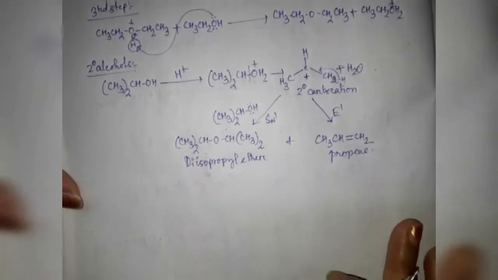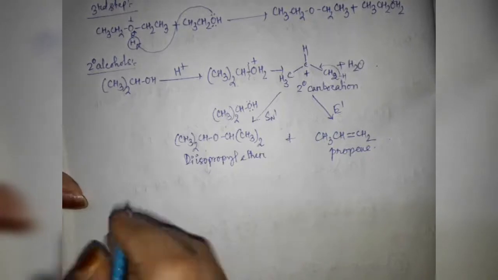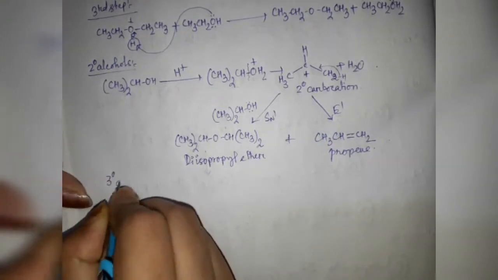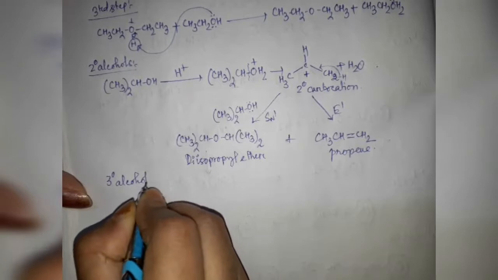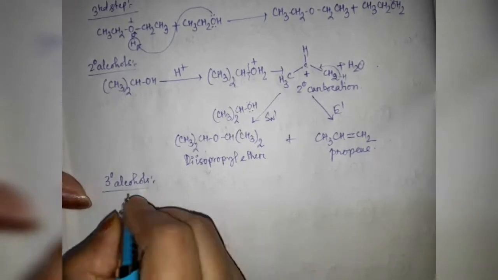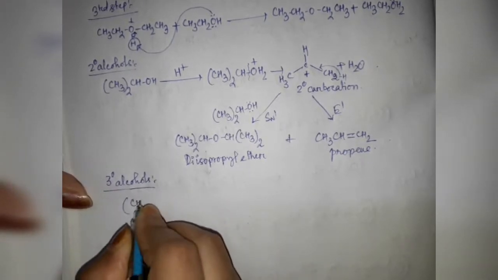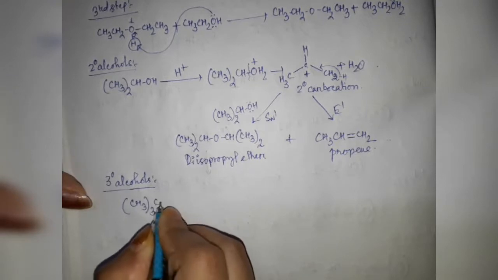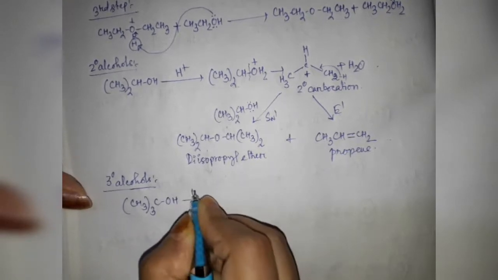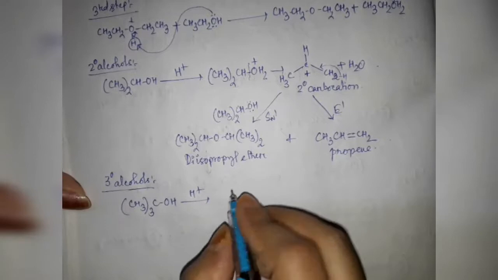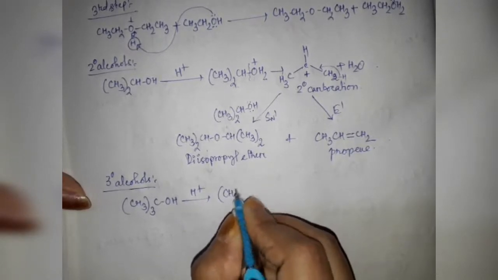So what will happen in case of 3 degree alcohols? Let's have a look. I will take tertiary butanol, (CH3)3COH. The first step is always the same, that means protonation of alcohol.